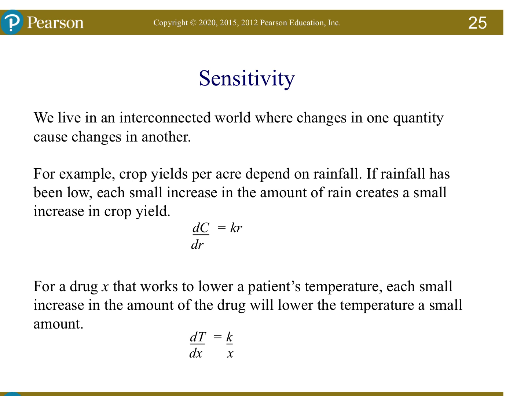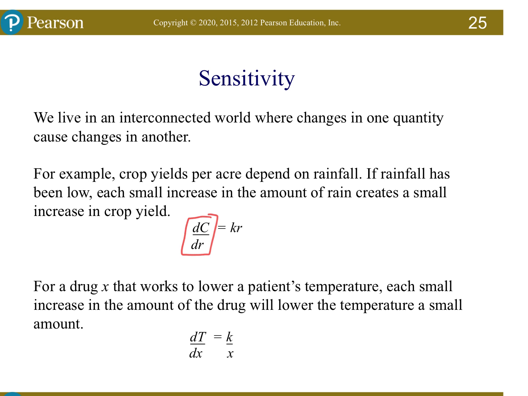And so we would read that as the derivative of C with respect to R. In other words, whether the crops change in a positive way or whether the crops shrivel up and die, is dependent on the amount of rainfall we have.